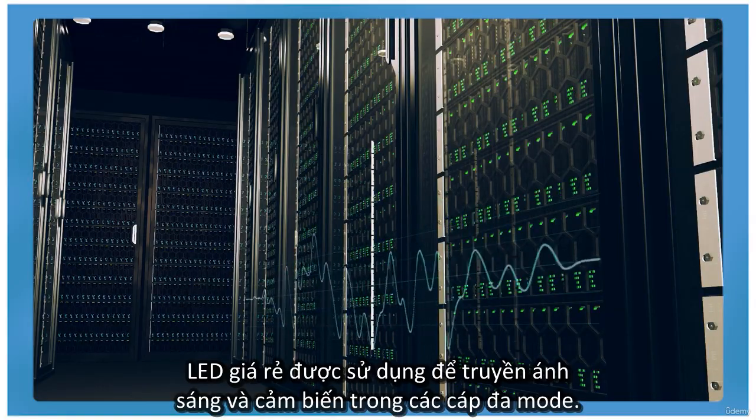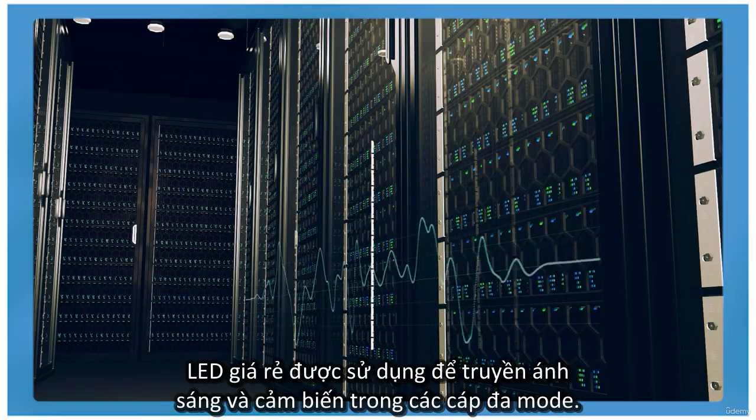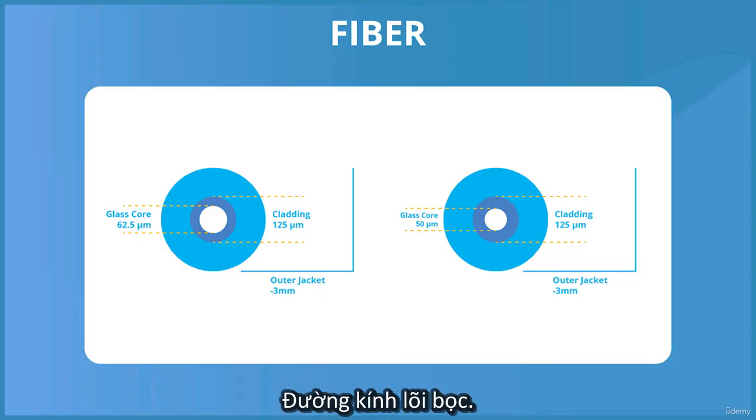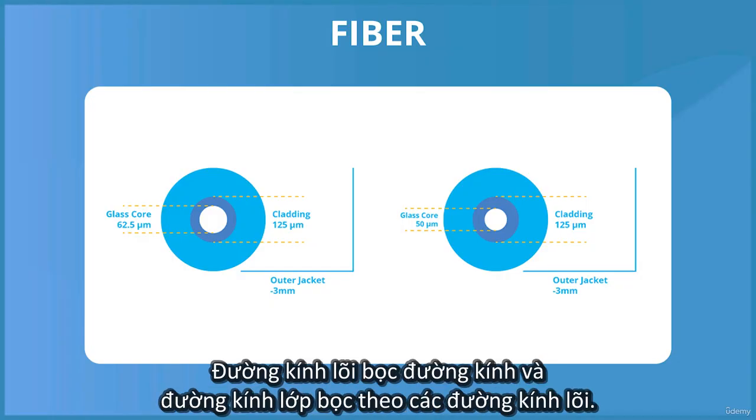Inexpensive LEDs are used for light transfer and sensing in multi-mode cables. Multi-mode fiber optic cables are produced in two forms: 62.5, 125, and 250 micron core diameter, sheath diameter, coating diameter, and 50, 125, 250 microns core diameter, sheath diameter, and coating diameter, according to the core diameters.